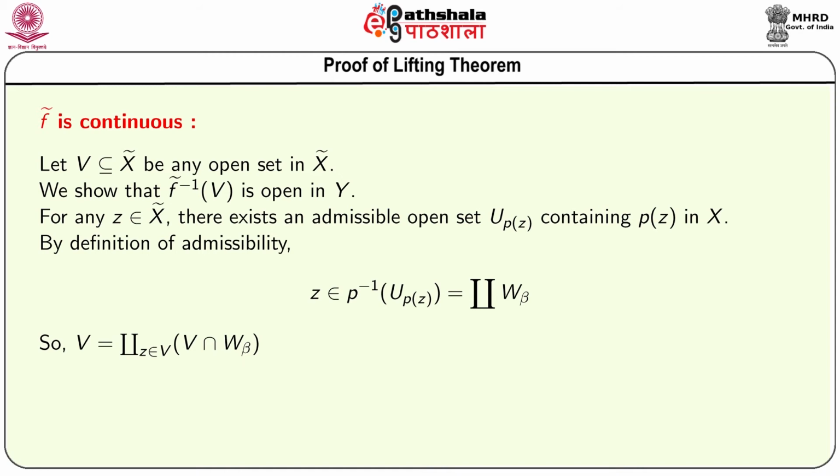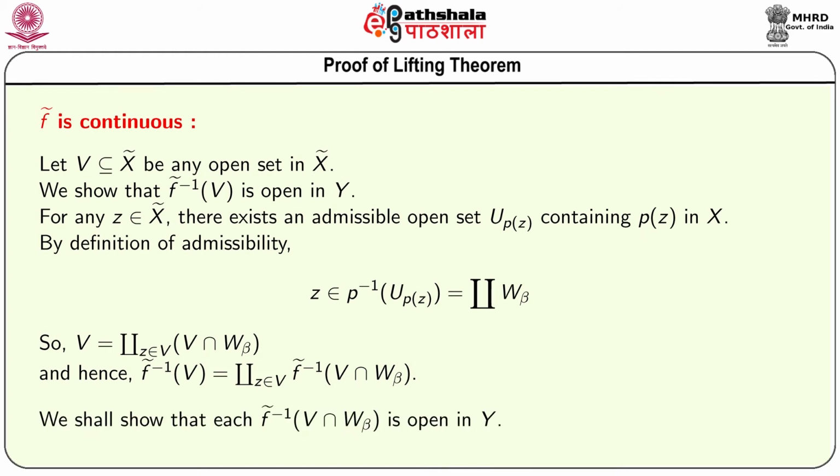So, capital V is equal to the disjoint union of V intersection W beta, where the disjoint union is taken over the set V, and hence F tilde inverse V is equal to the disjoint union of F tilde inverse of V intersection W beta, where the disjoint union is taken over the points in V.